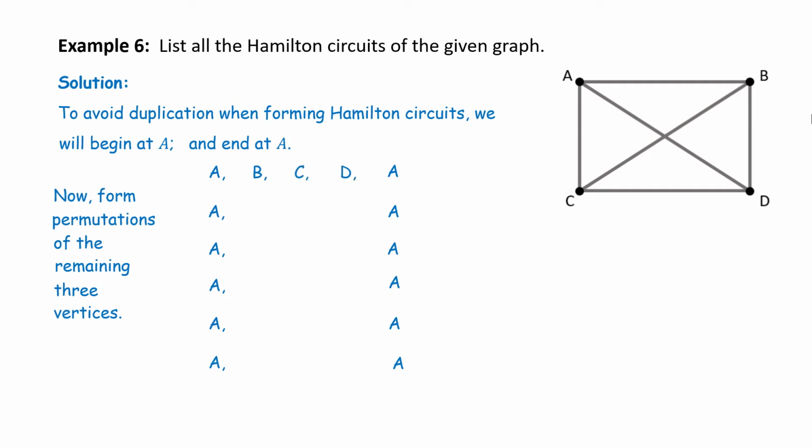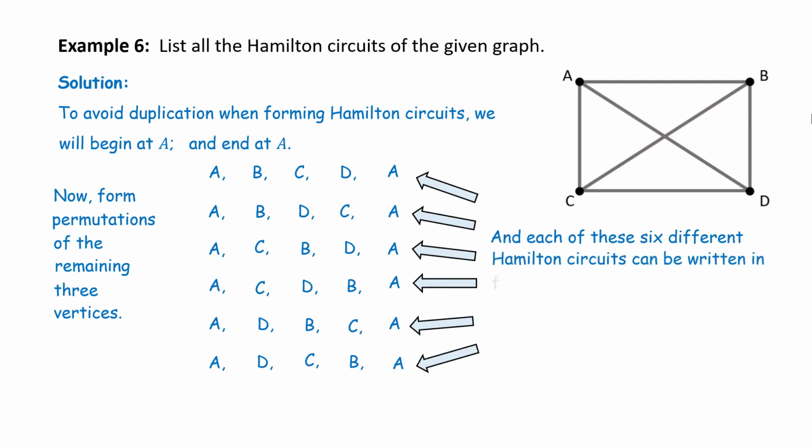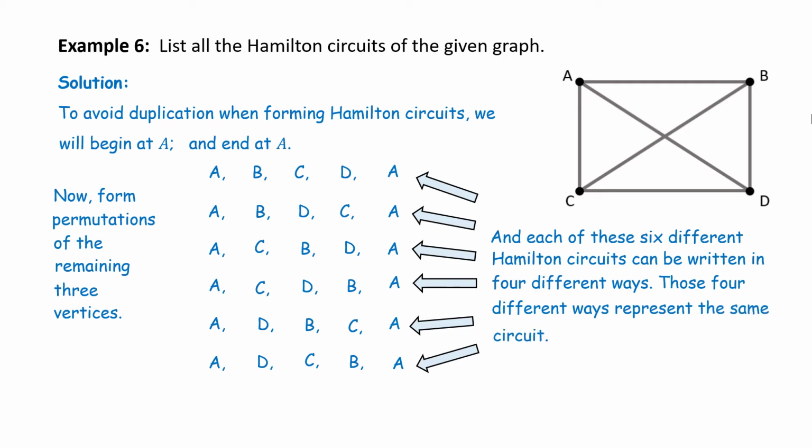We'll start with B, C, and D. Then we'll have B, D, and C. We'll have C, B, and D. And then we'll switch the B and D, so we'll have C, D, and B. Our next permutation of the inside three vertices will be D, B, and C, and we'll switch B and C to have D, C, and B. And each of these 6 different Hamilton circuits can be written in 4 different ways. Those 4 different ways represent the same circuit.